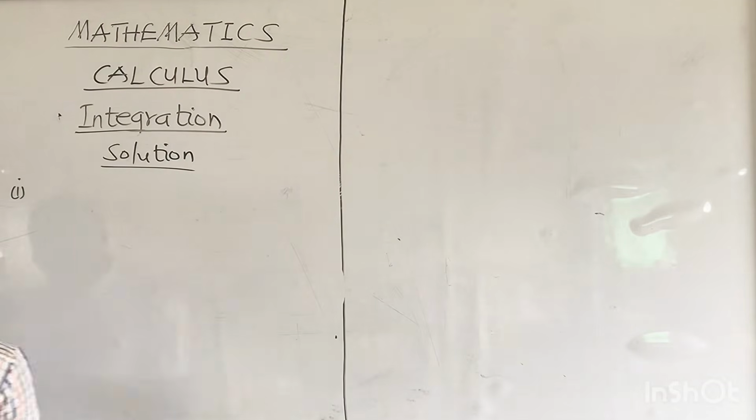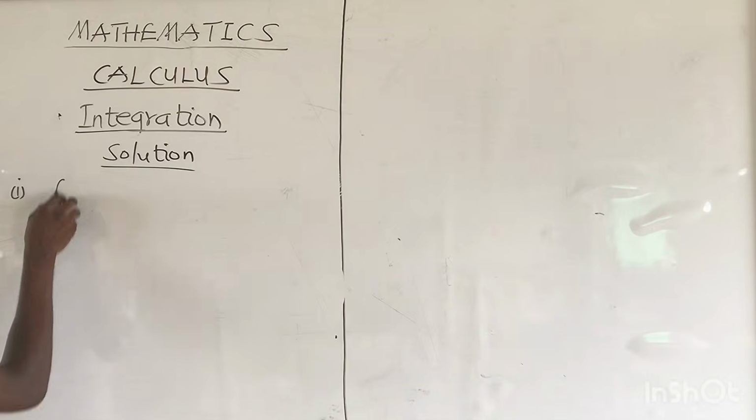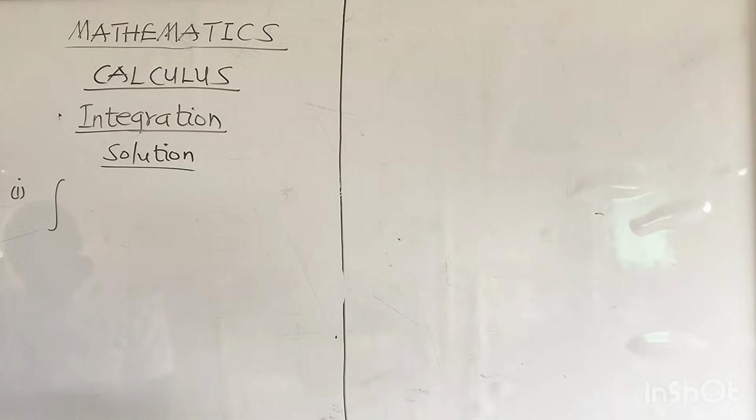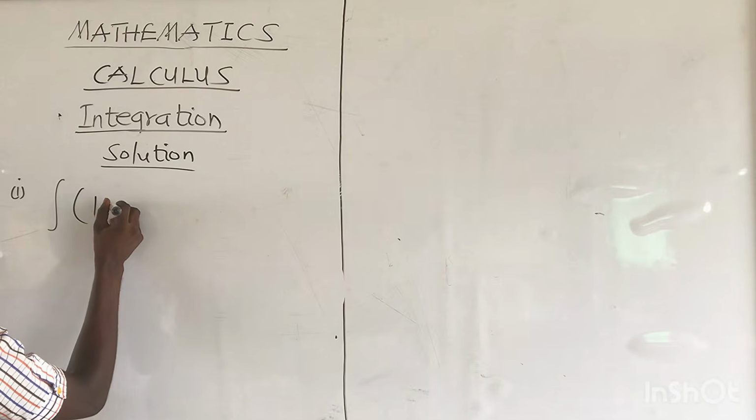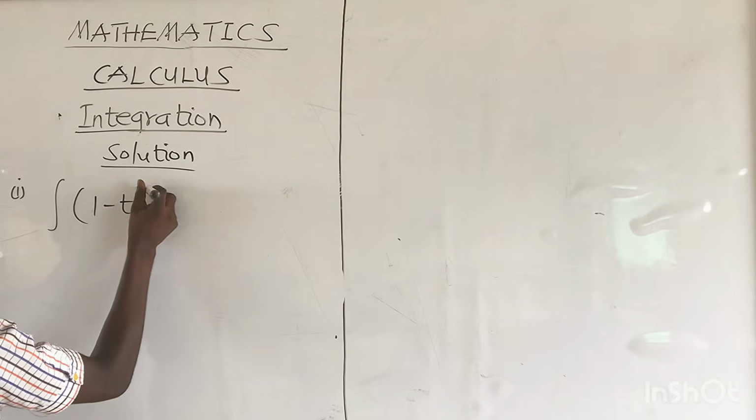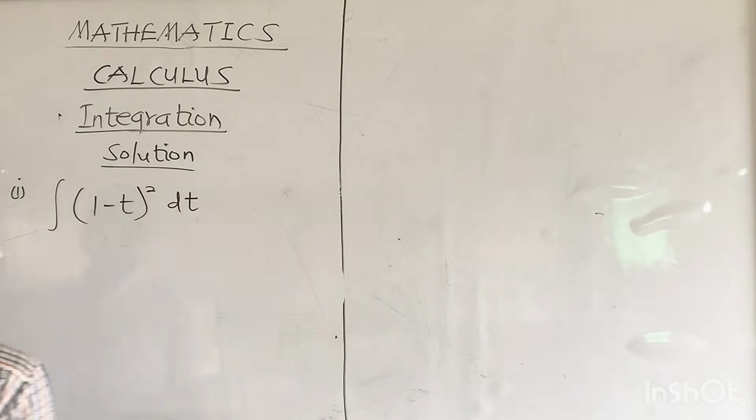So the first question is the integral of 1 minus t all squared dt. All right.